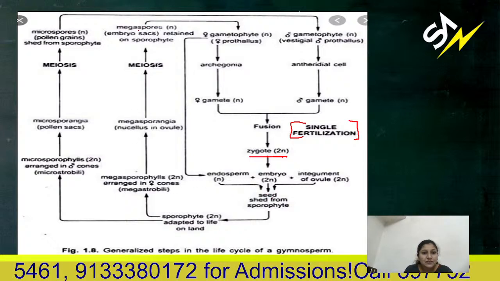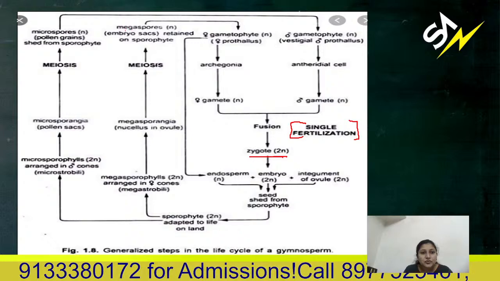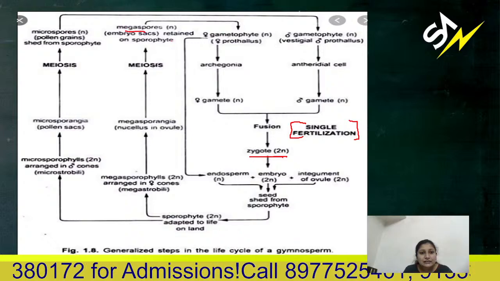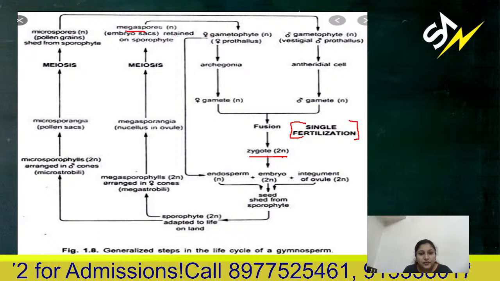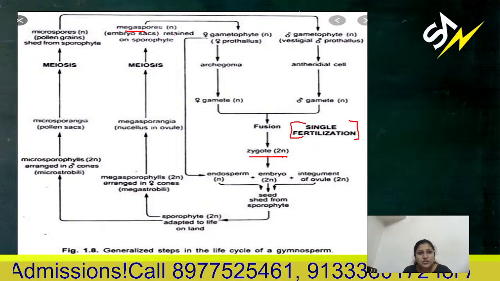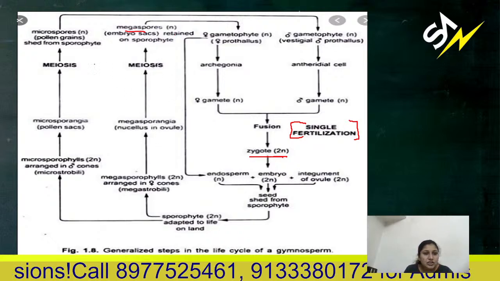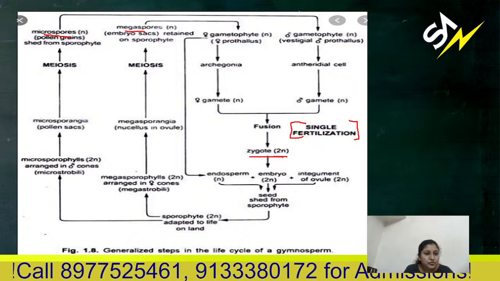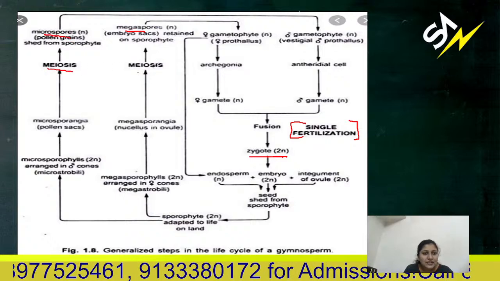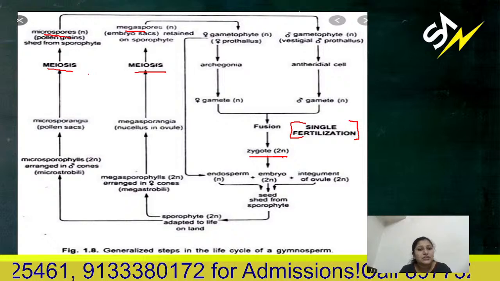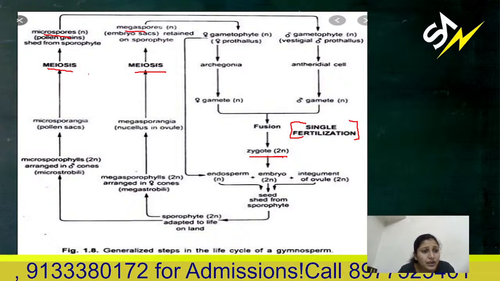After meiosis they will form two types of spores, megaspores and microspores. So the sporophyte undergoes meiosis.